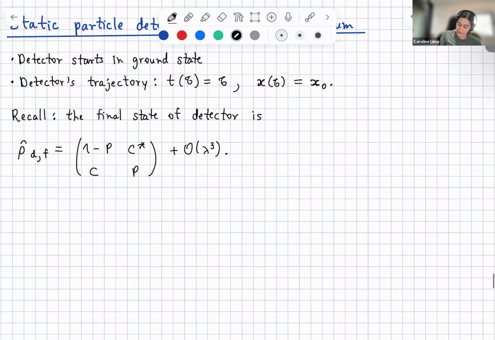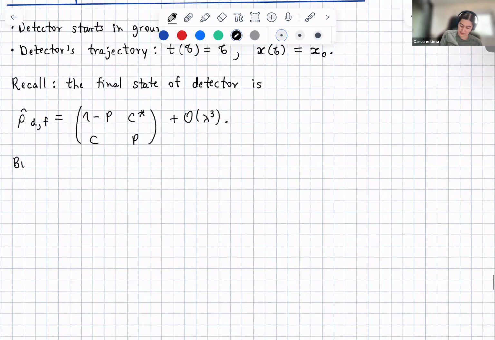But then, as I just discussed with you guys, because the Minkowski vacuum is a quasi-free state, we know that the one-point correlator is going to vanish.